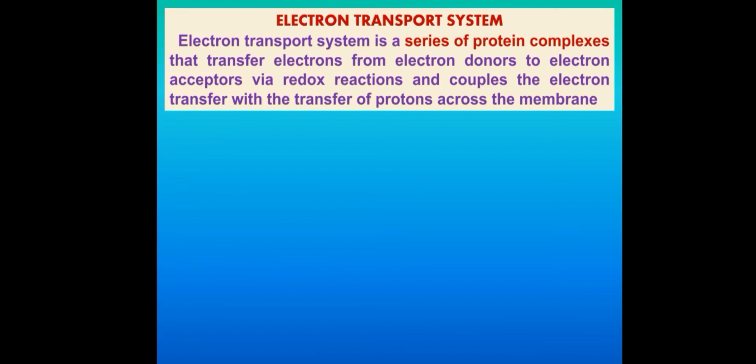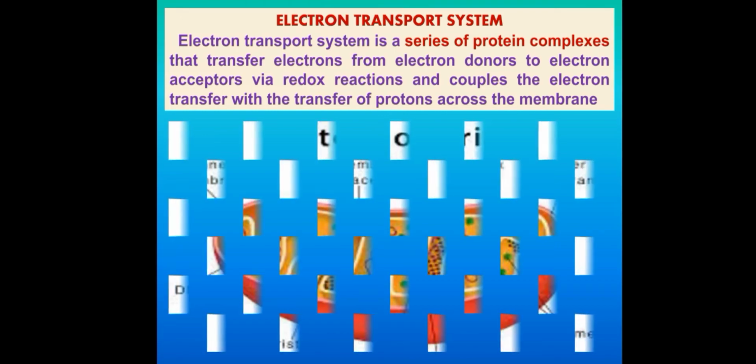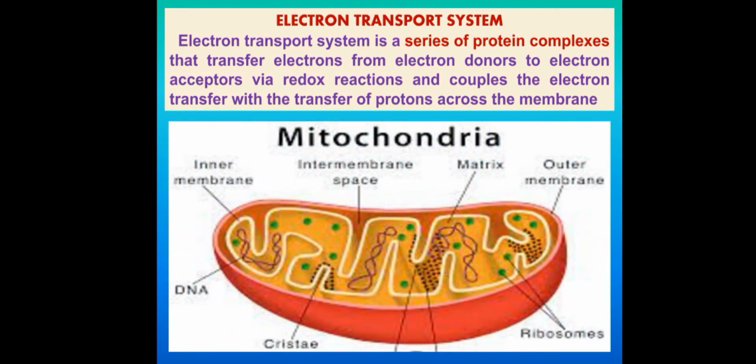To understand this ETS, let's just recall the structure of mitochondria. Mitochondria, or otherwise known as the powerhouse of the cell, is the cell organelle which has two membranes. The outer membrane, which is a continuous one, and the inner membrane, which has many infoldings that are known as cristae.